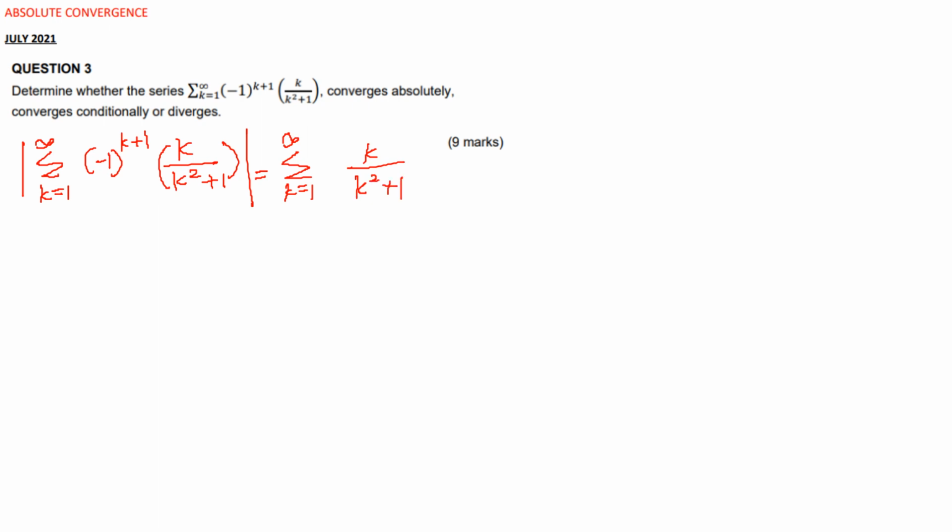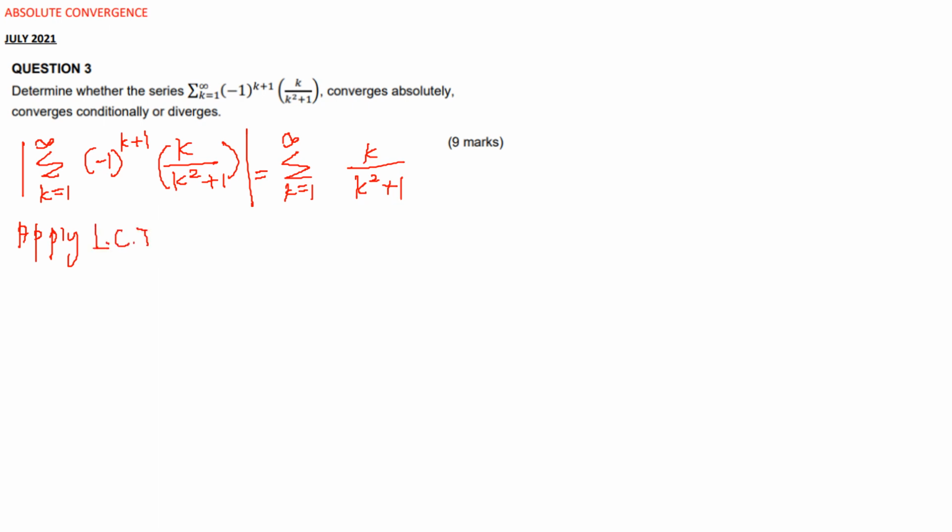After you get this, you have to decide what test is appropriate to check whether the series converges absolutely, conditionally, or diverges. The test that we can use is the limit comparison test. So you have to write that you apply the limit comparison test.